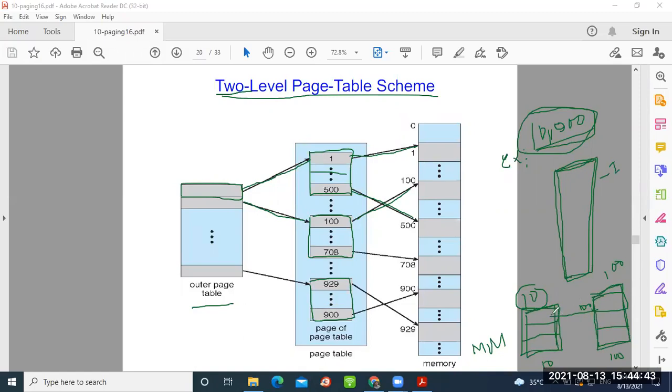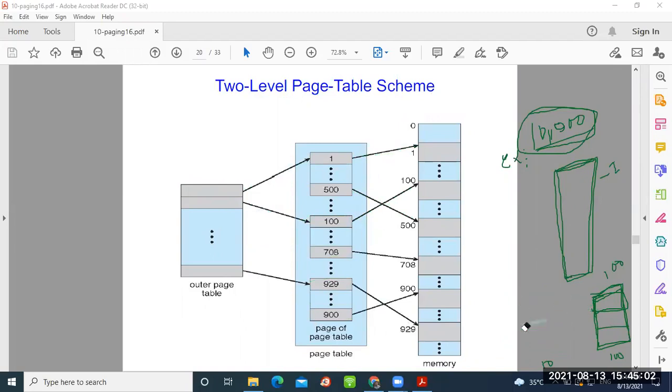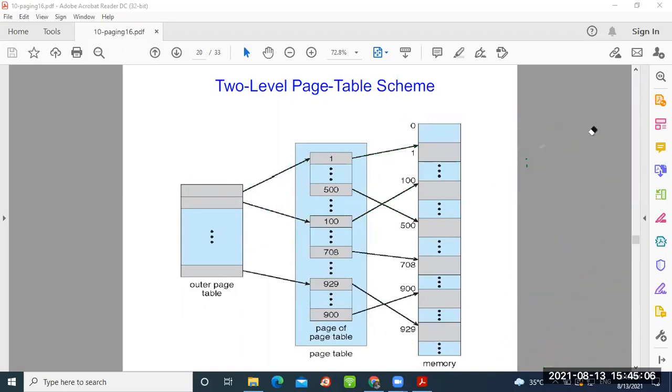Now you map them. Each block of the first will be mapped to the inner page table, which is of size 100 blocks. Now these 100 blocks are mapped to the main memory. Let us understand this concept with an example. This is the main reason why we apply the two-level paging scheme.